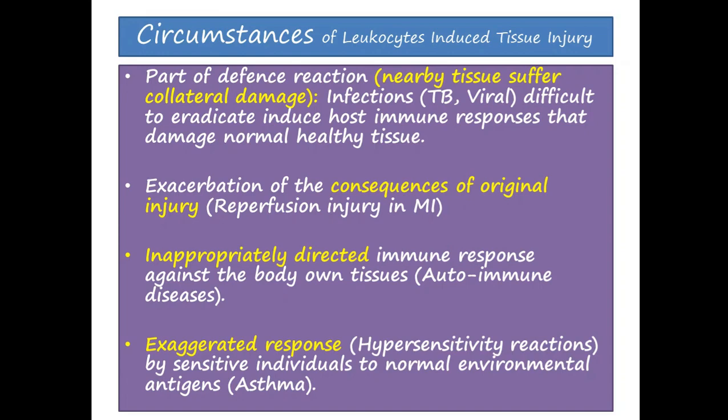Now, this damage to the healthy tissue occurs as a part of the defense reaction by the leukocytes. For example, resistant pathogens like Mycobacterium tuberculosis or certain viruses which are difficult to eradicate are repeatedly attacked by the immune cells, and potentially they will cause damage to the nearby tissue, and the nearby tissue here suffers collateral damage.